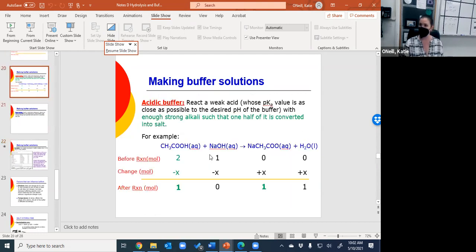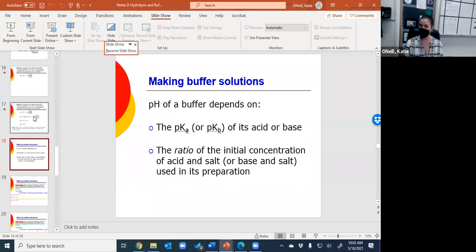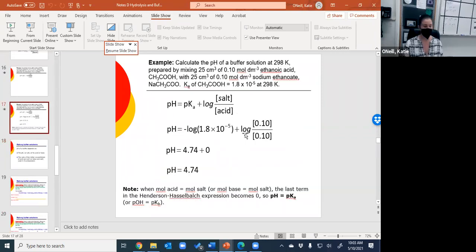So it's important that we try to make sure that this last term zeroes out so that when we pick out the pKa, that is the pH, right? So we're going to specifically mess with the volumes, not the concentrations, so that we can get the pKa to equal pH, okay?